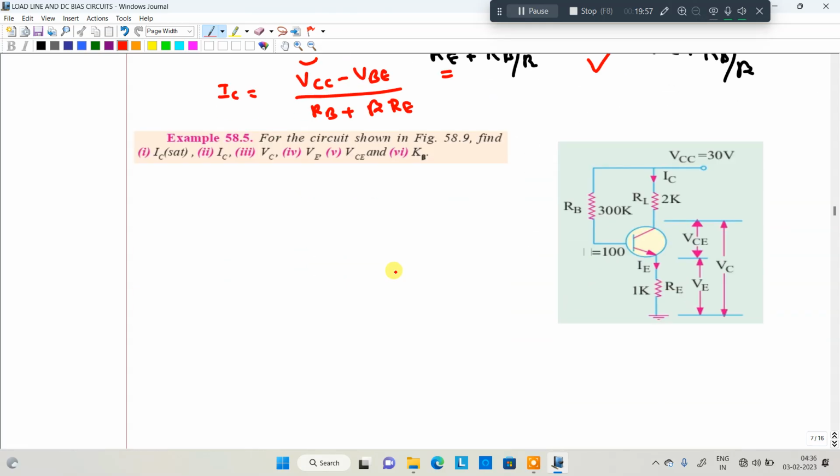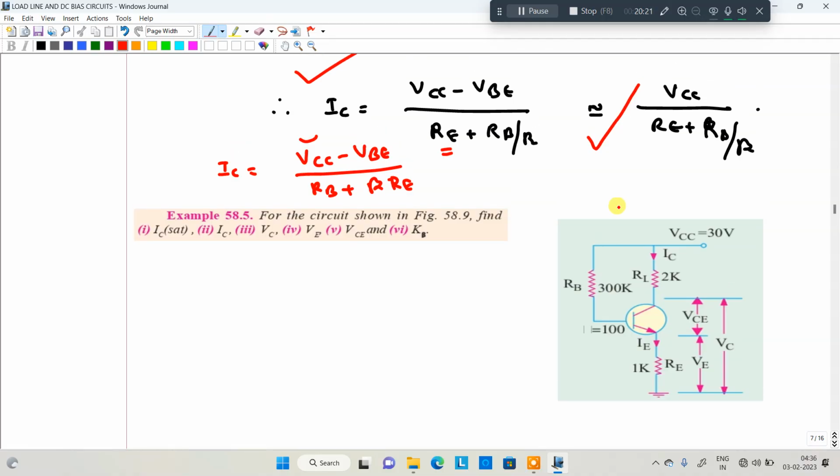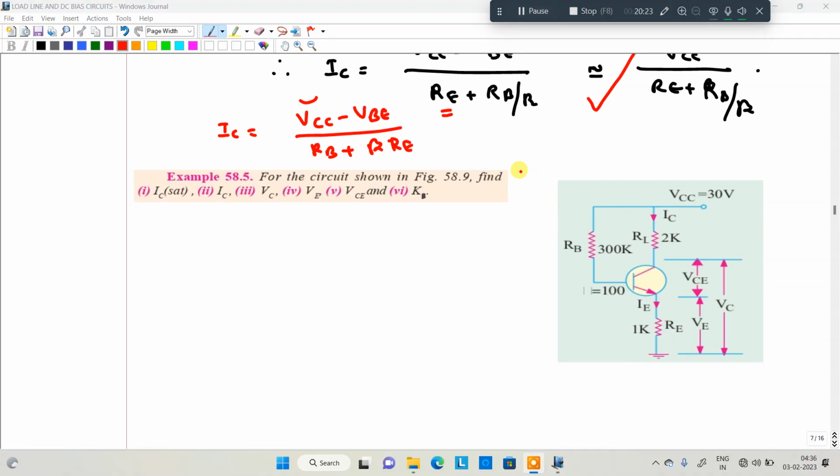Then we move to direct questions of this type, from the 2018 question paper. For the circuit shown in the figure, find the IC sat, IC, VC, VE, VCE and K beta. First, everyone note the K beta formula.